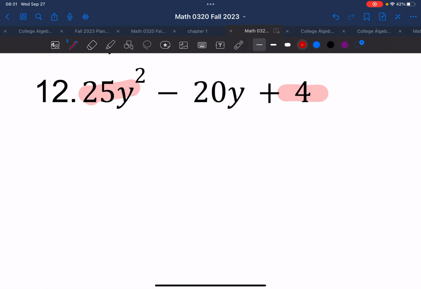So we can take the square root of the first term and the last term. The square root of 25 is 5, the square root of y squared is y, and the square root of 4 is 2. So that was our first criteria met.